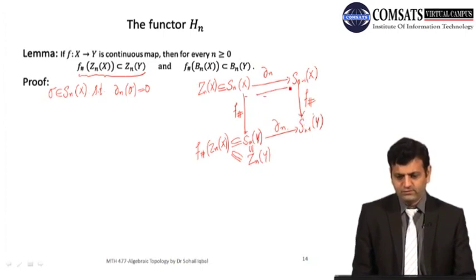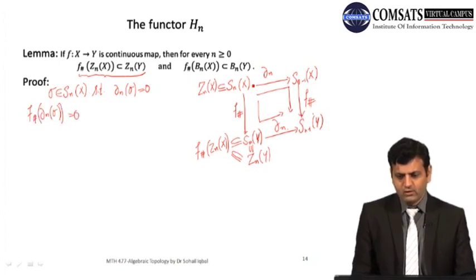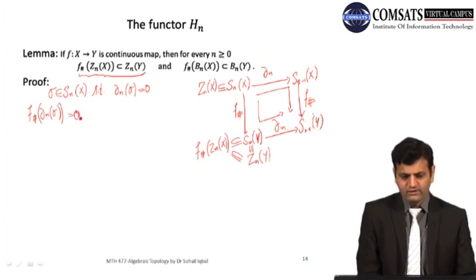So we have two routes from sigma to approach this Sn minus 1 y. So if I follow the first route, which means if I first apply the boundary and then calculate this f hash, then this must be equal to 0, because this is a homomorphism, and this homomorphism must take the 0 of Sn minus 1 x to Sn minus 1 y. Okay, so we have proved this.